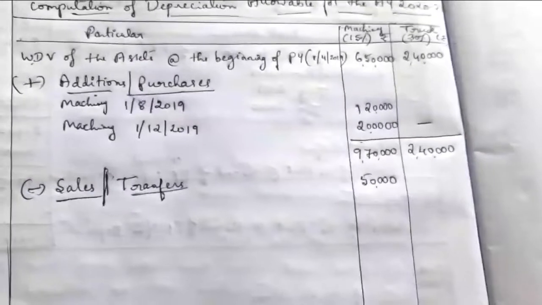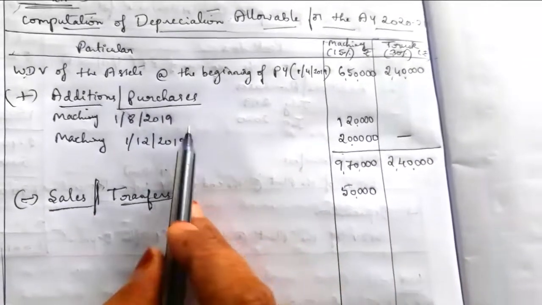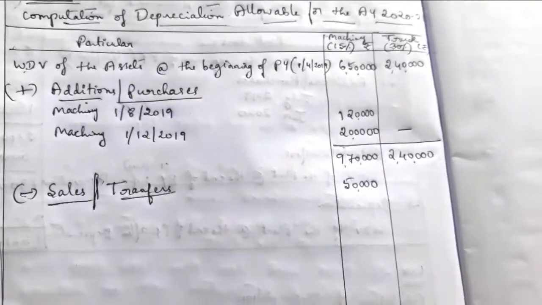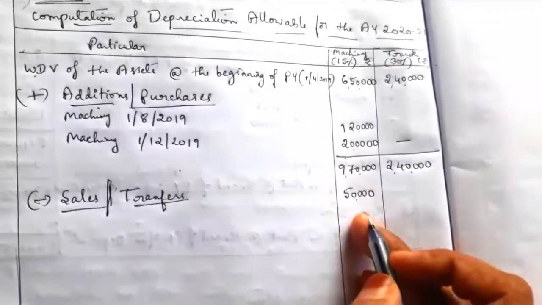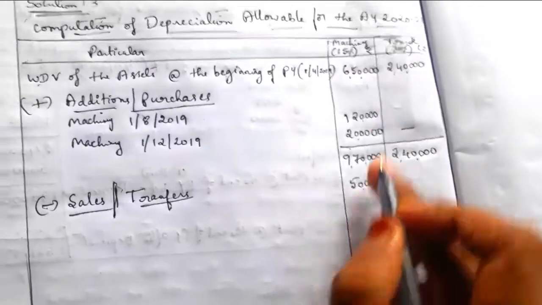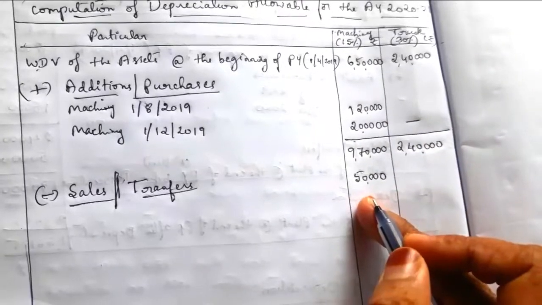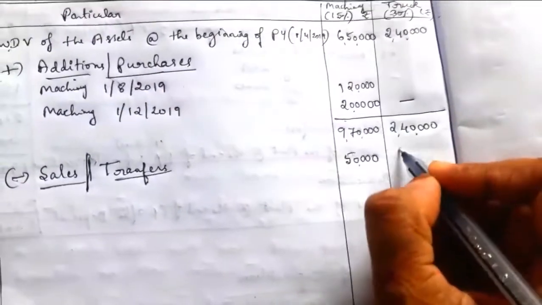Only for the purchases we have to check the date, because to charge depreciation the date is important. For sales there is no need of a date, so you can directly write the amount in the machinery column. 50,000 of value of the machinery has been sold. And one more, a truck of 2 lakh value, has been sold.